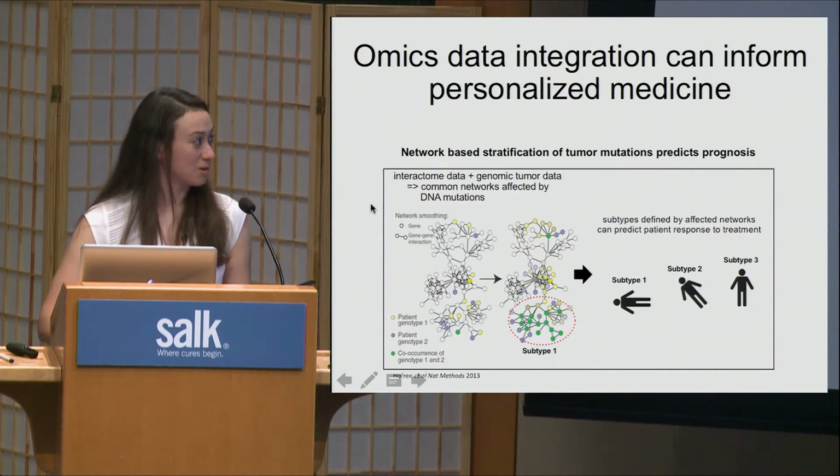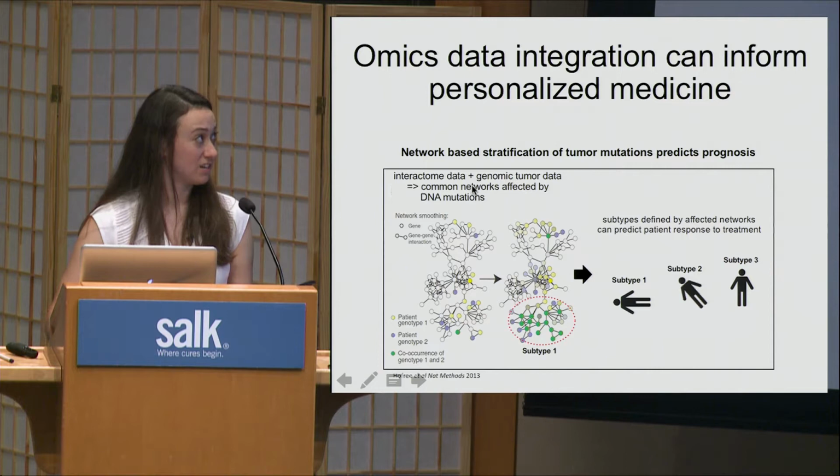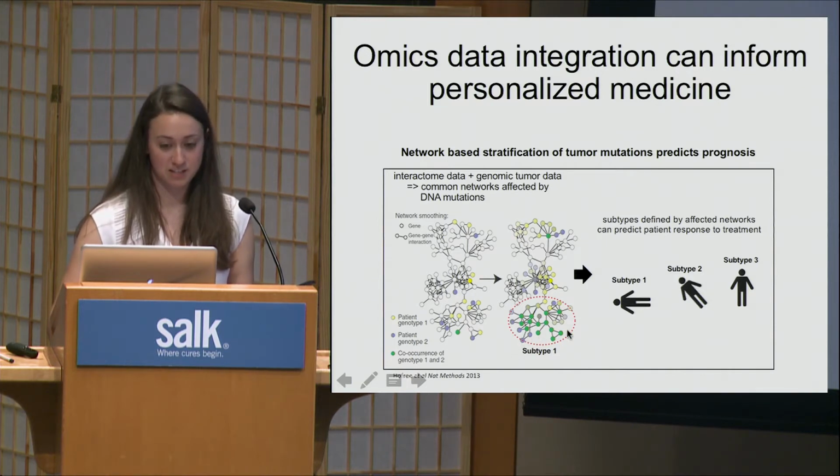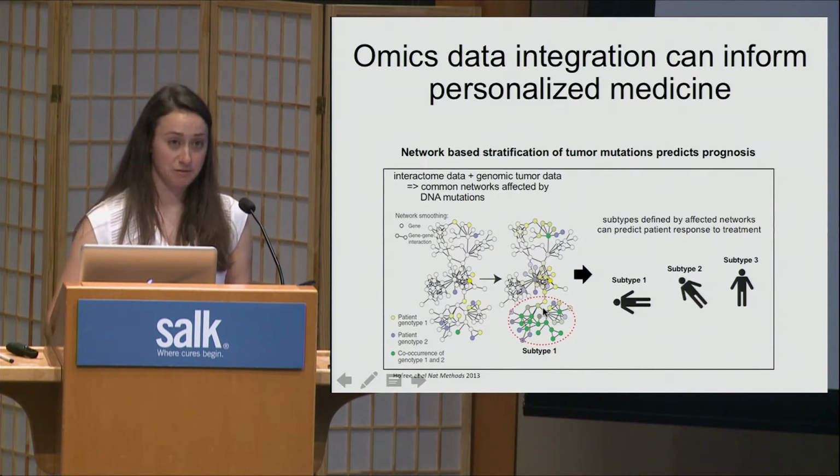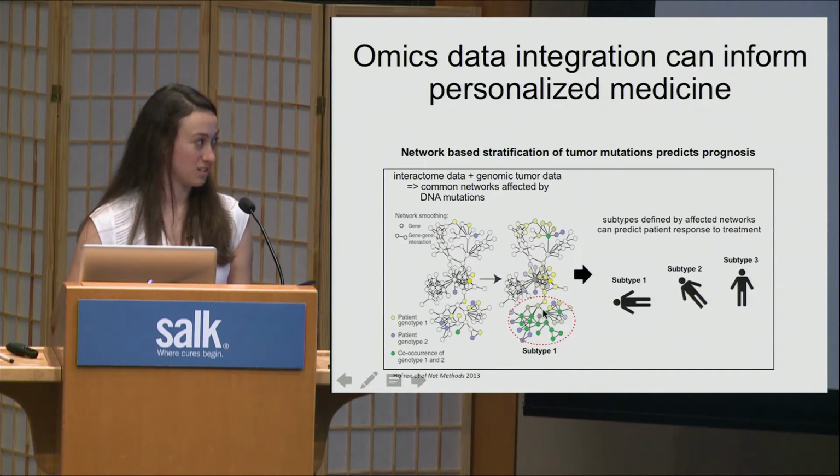In this example, this is a research study done in the Ecker Lab. They integrated protein interaction data with patient genomic tumor data. And in integrating the two data types, they were able to find similarly affected protein networks among different patients.